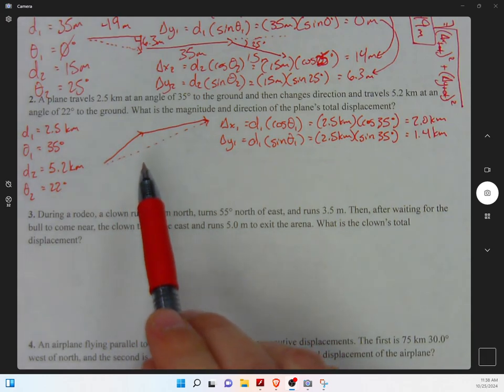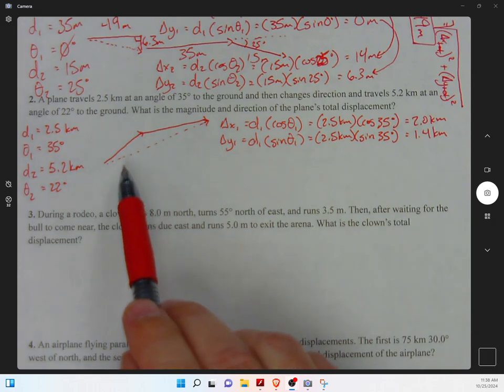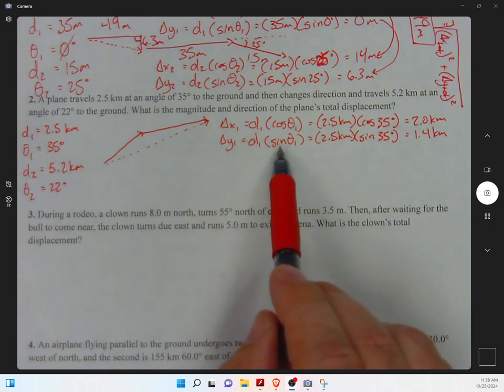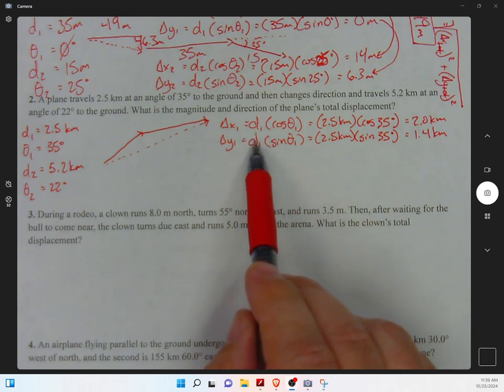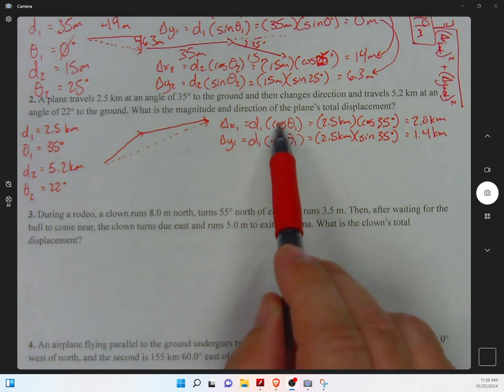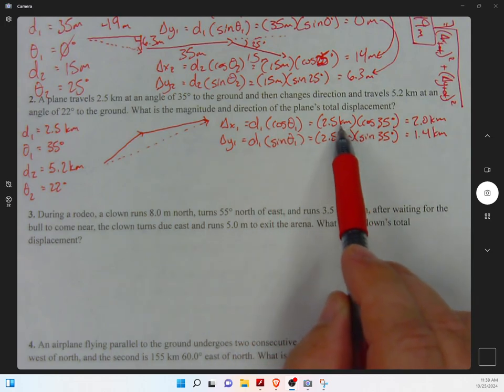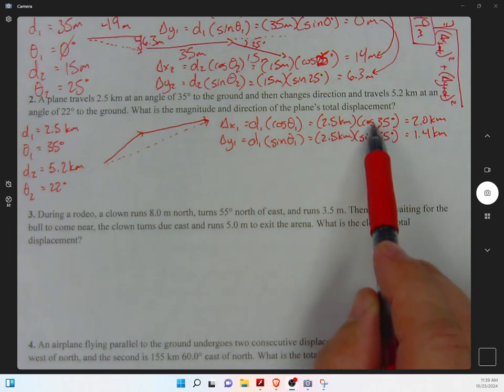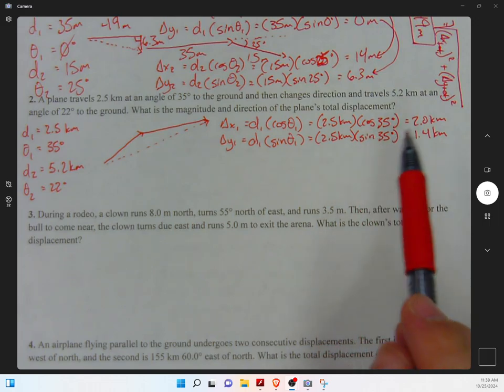It doesn't work that way all the time, but a lot of the time your y component is going to involve a sine. But notice that it's always the same displacement, displacement 1, and the same angle, theta 1. The only thing that's changing is cosine versus sine.